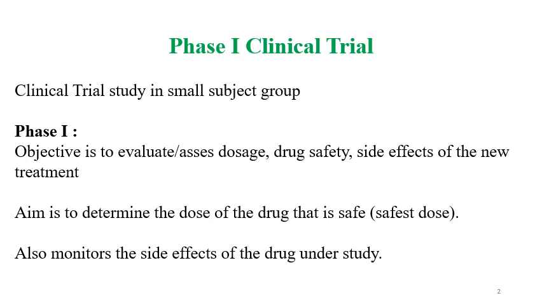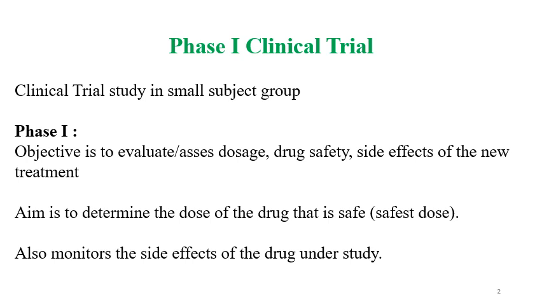The number of patients or number of volunteers or participants are small in number, and phase 1 clinical trial study is done with the objective to evaluate the dosage, evaluate the drug safety, to study the side effects of the new drug treatment.